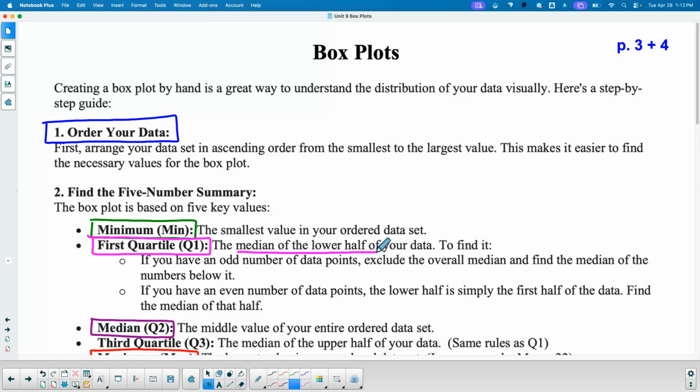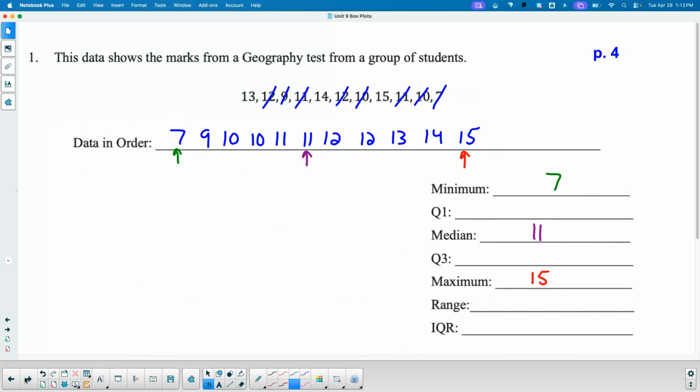So you do the median again on the lower half of your data. Since we had an odd number, we're going to take this data point out of the mix. So that's not part of our lower half. That's the median. So now I've got 5 numbers here.